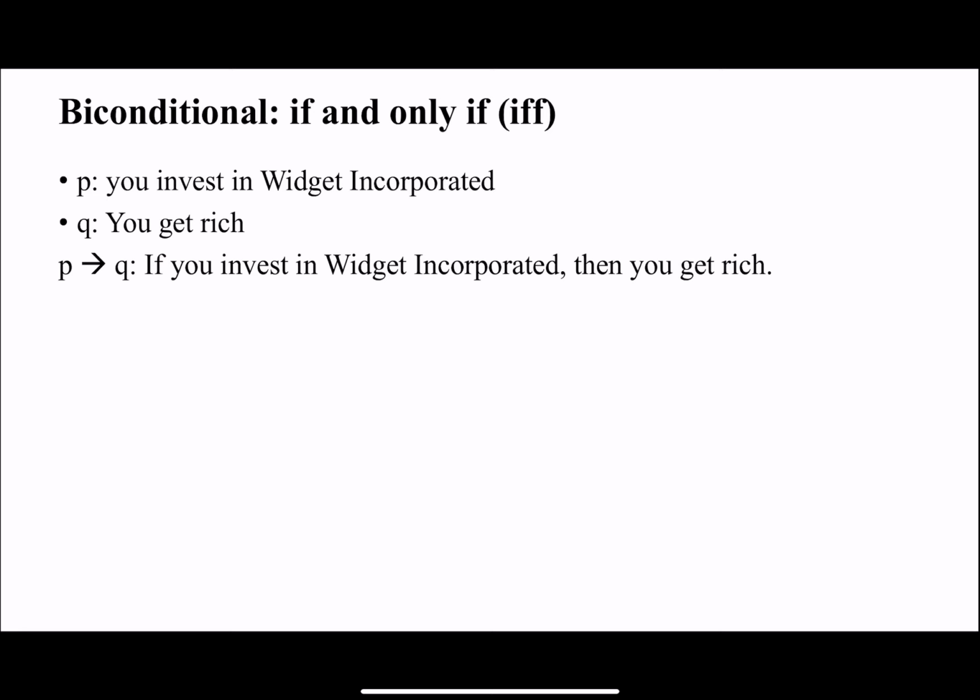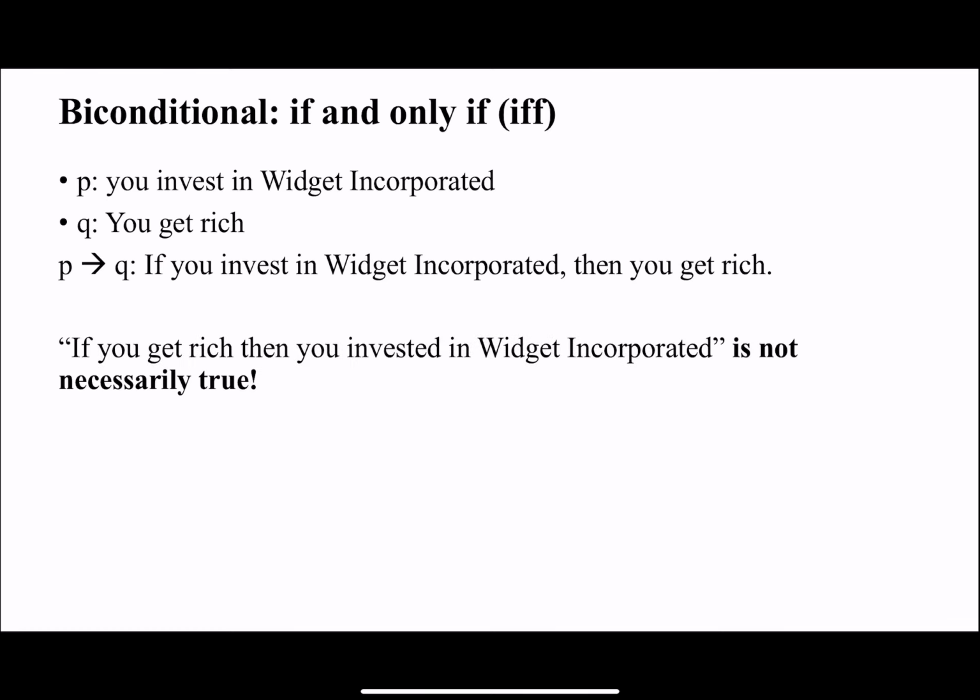So if P, then Q. Okay, guys, if P then Q is true, it doesn't mean that if Q then P is necessarily true. So if you invest in Widget Incorporated, then you get rich. That's if P then Q. If you get rich, then you invest in Widget Incorporated is if Q then P. Okay, if Q then P.